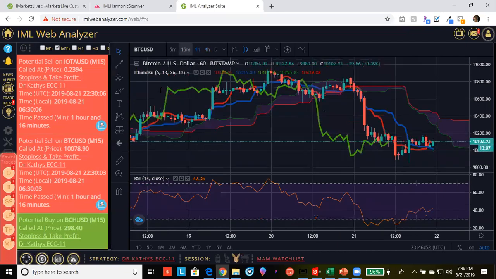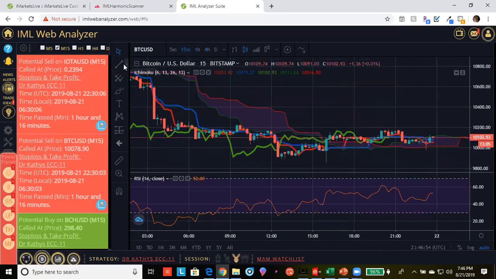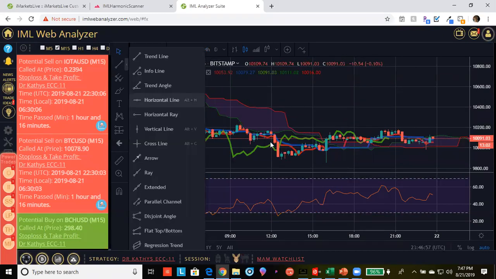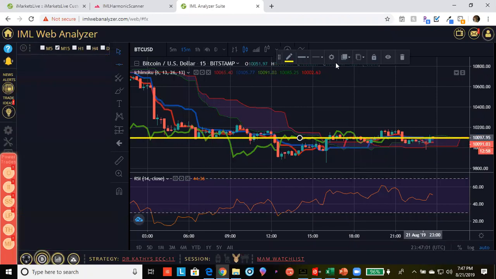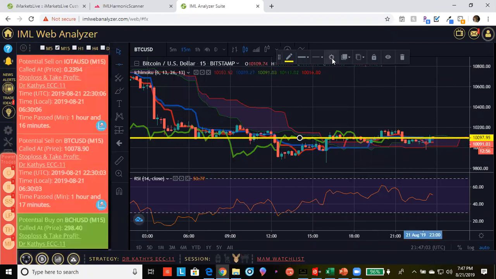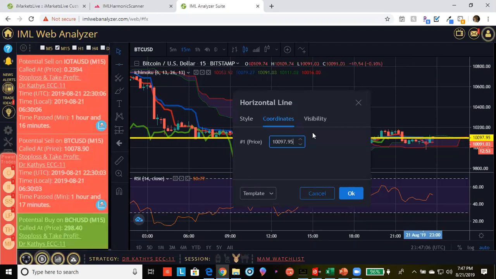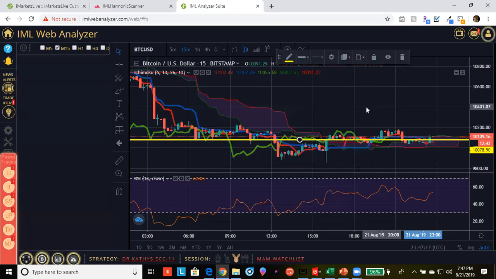All right, so let's go ahead and drop down that horizontal line. And that is 10078.90. So that's where it was caught at.